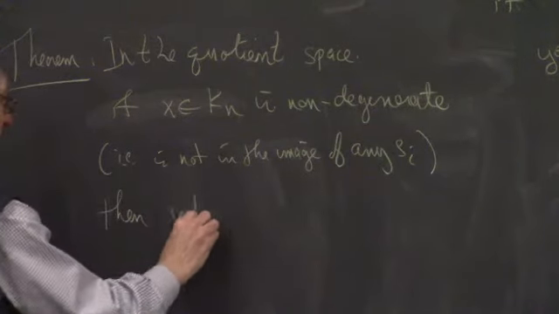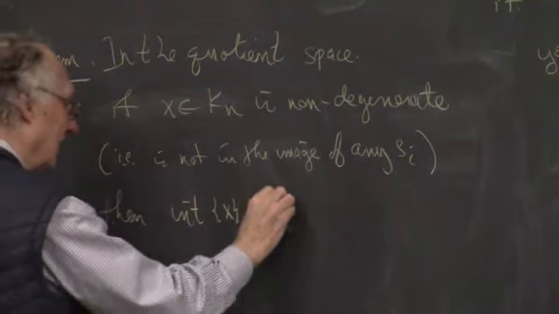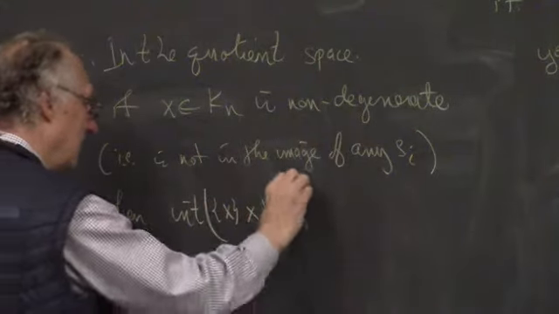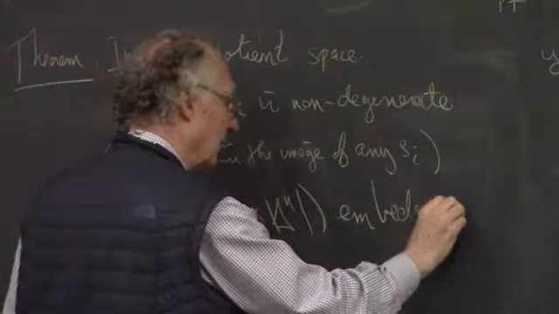the interior of x cross delta n embeds in the quotient space.